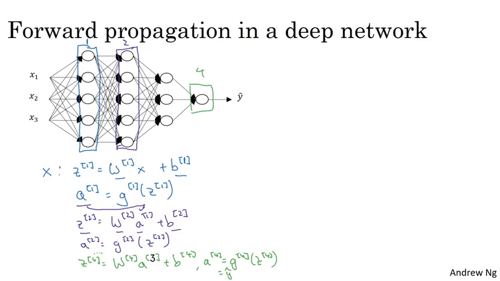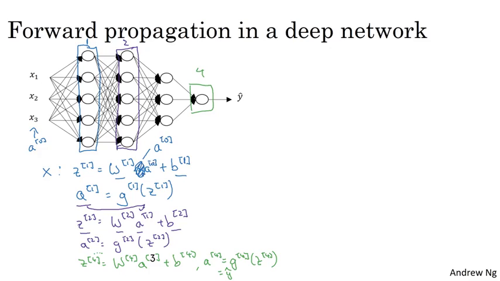And so that's how you compute your estimated output Y hat. Just one thing to notice, X here is also equal to A0, because the input feature vector X is also the activations of layer 0. So I'm going to cross out X and put A0 here. Then all of these equations basically look the same, right?